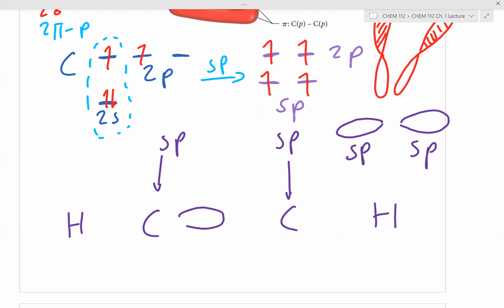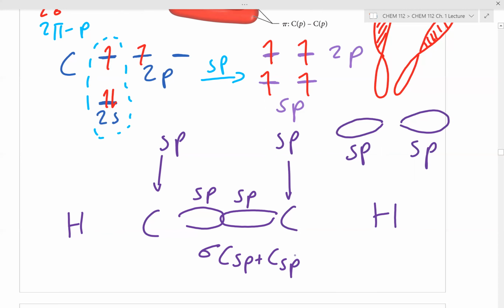What are sigma bonds formed by the overlap of what kind of orbitals, typically? Sp, hybrid, or atomic. So our first carbon-carbon single bond is going to be formed by overlapping our 2 carbon sp orbitals. So we call this a sigma carbon sp plus carbon sp.